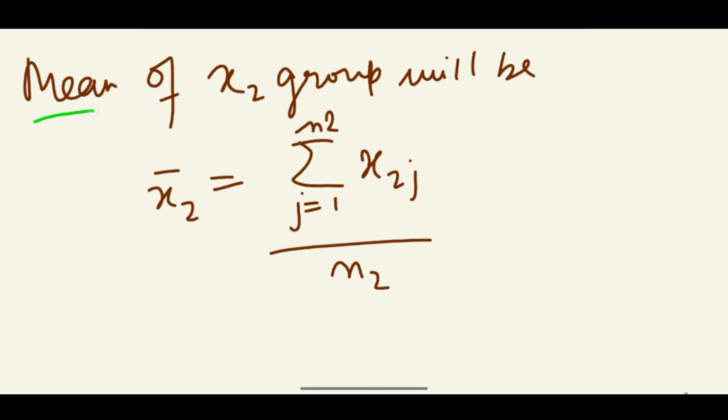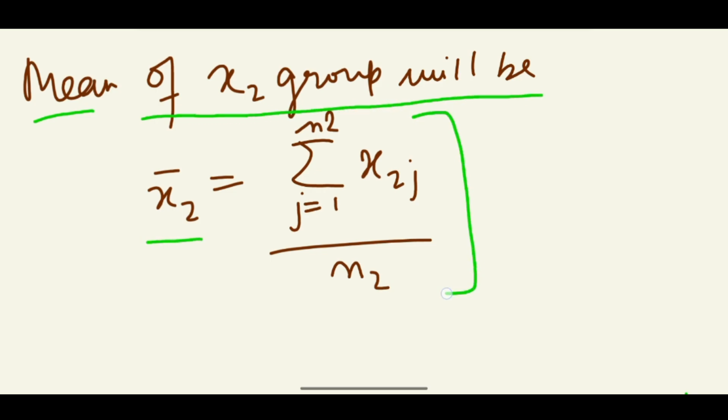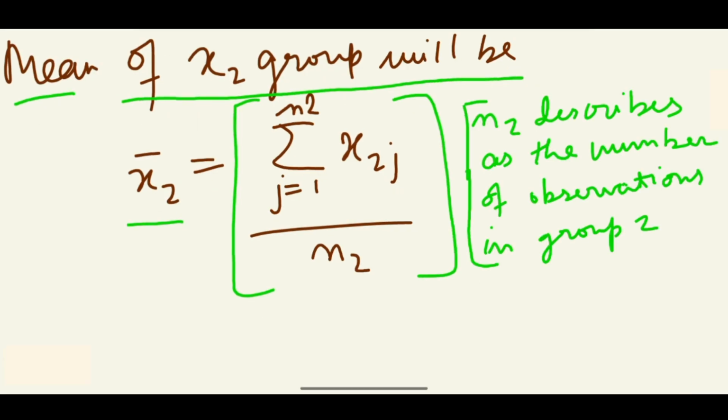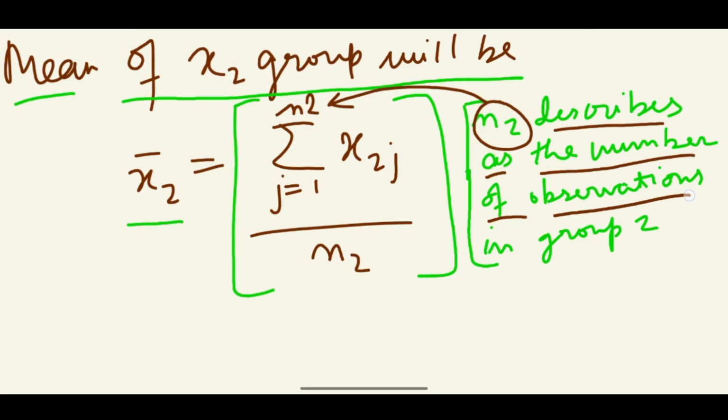Similarly we get the mean of x2 group, that is x2 bar equals summation j equals 1 to n2 x2j divided by n2, where n2 describes the number of observations in group 2.